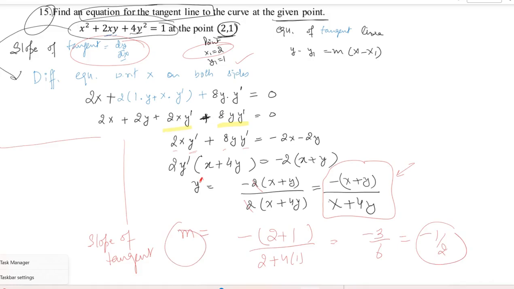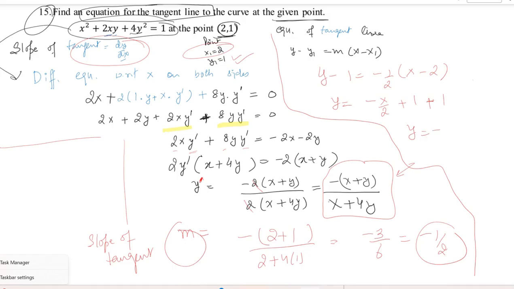Let's work on the equation here, okay? y minus y1, y1 is 1, equal to m, which is negative half, times x minus x1, which is 2. This is a good enough answer, but you can also write it as negative x by 2 plus 1, plus 1. 2 times half is 1 and this one goes on the other side.